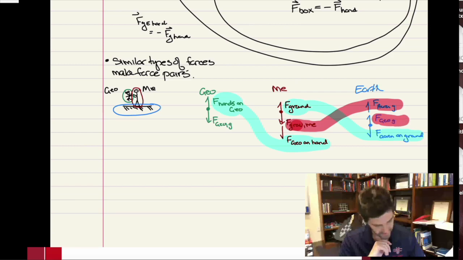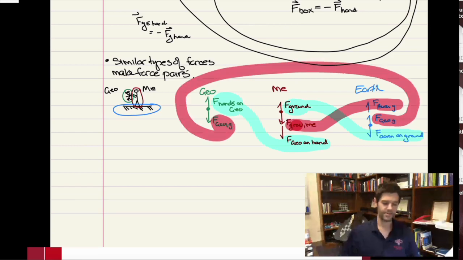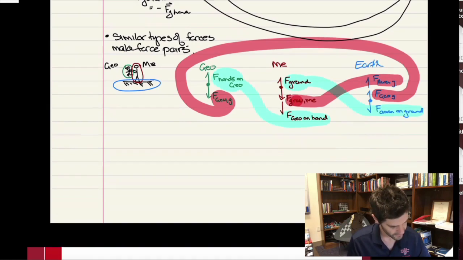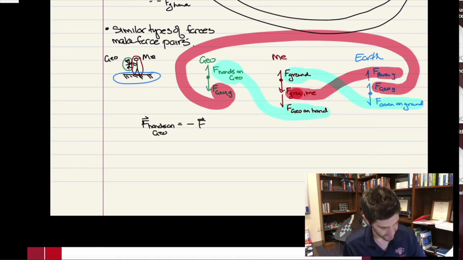And last but not least, gravity is pulling down on Geo. Geo is pulling up on the Earth. Those are all the identified force pairs in this problem. So, for example, I could write, the force of hands on Geo must be equal and opposite to the force of Geo on my hands.